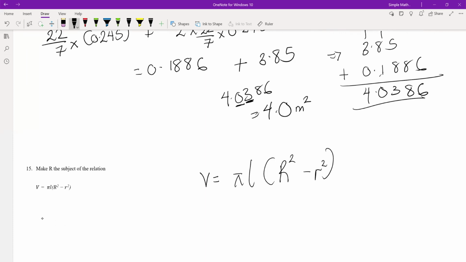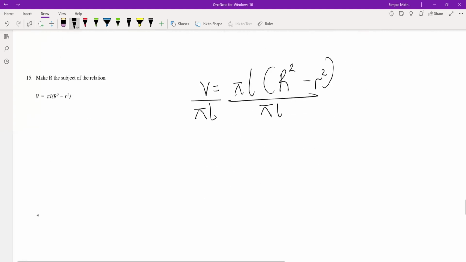Okay, we want to make big R the subject of the formula. So the first thing, we get rid of pi l. We could divide both sides by pi l because that's the easiest thing we can do right now. So we end up having V over pi l is equal to big R squared minus small r squared.